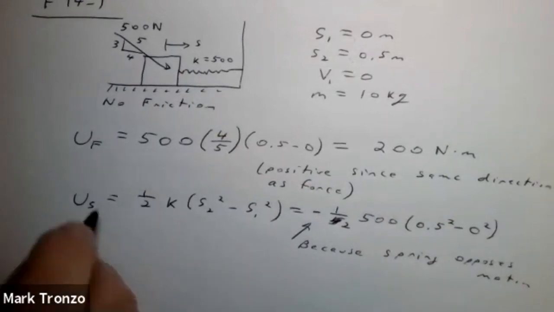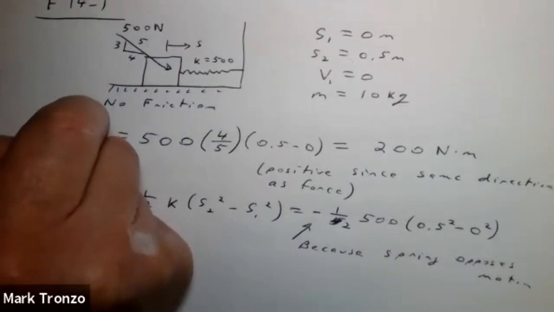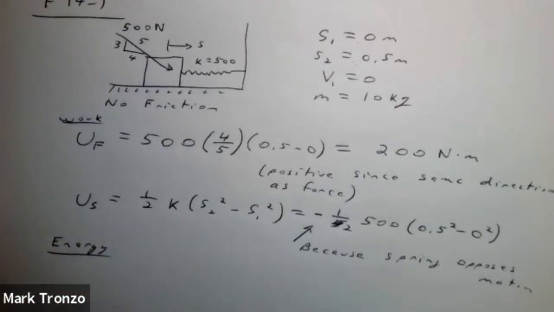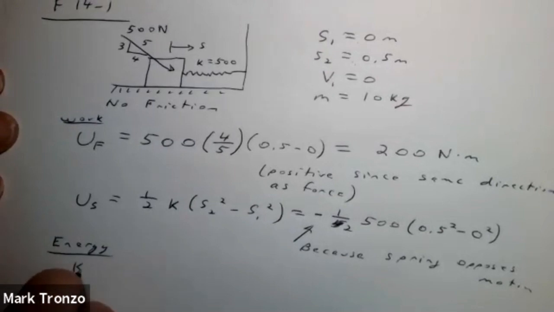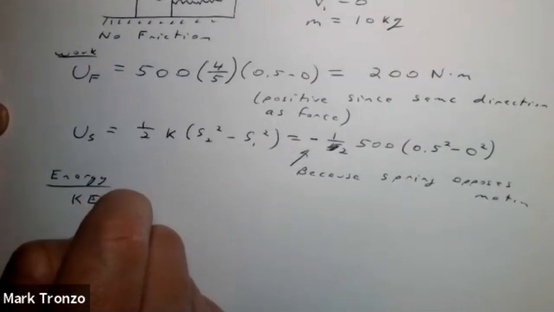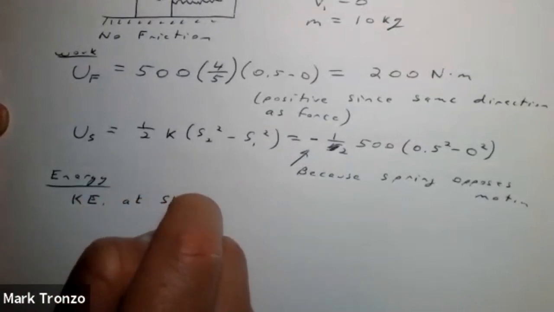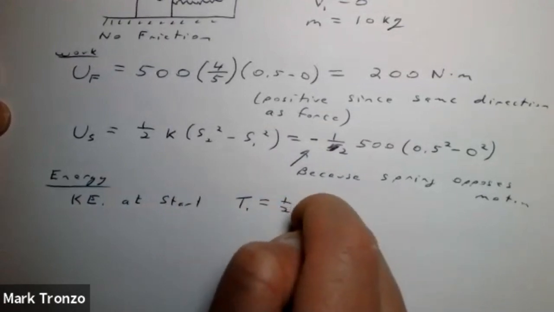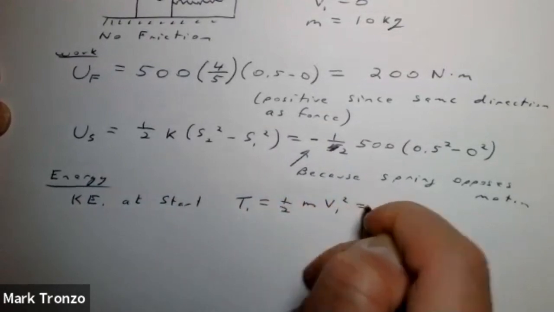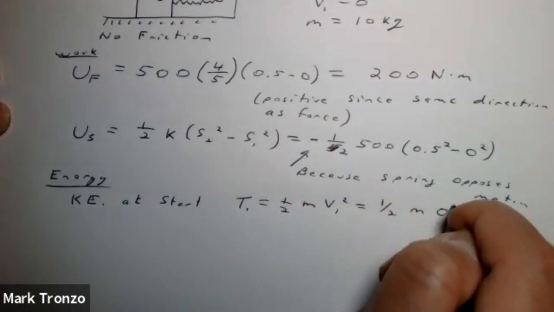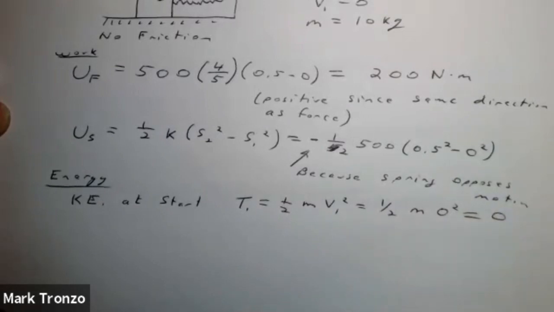And then this is the work we did, and then the energy. Again, you can just put this right into the equation to start with. I'm just breaking it up so it's a little bit easier to see. So the kinetic energy at the start, T1, is 1/2 m v1 squared, and remember it's starting from rest, so that's just going to be 0.